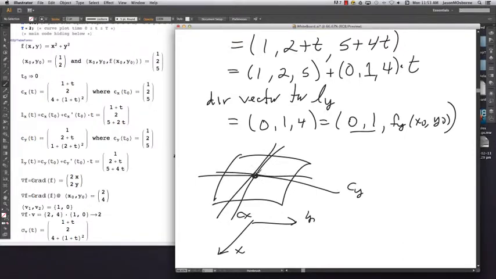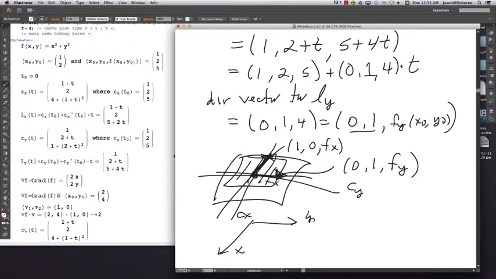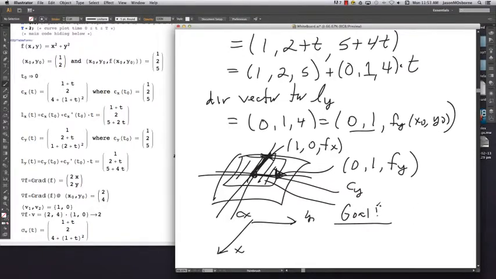The direction vector for that tangent line is 0, 1, partial derivative of f with respect to y. The direction vector for this line is 1, 0, f sub x. And our goal is to find this tangent plane. That's what we want to find.